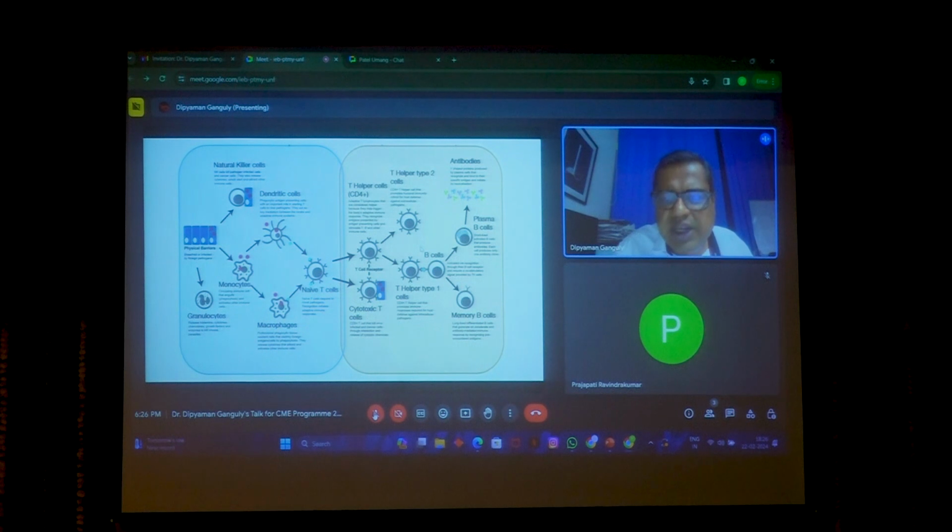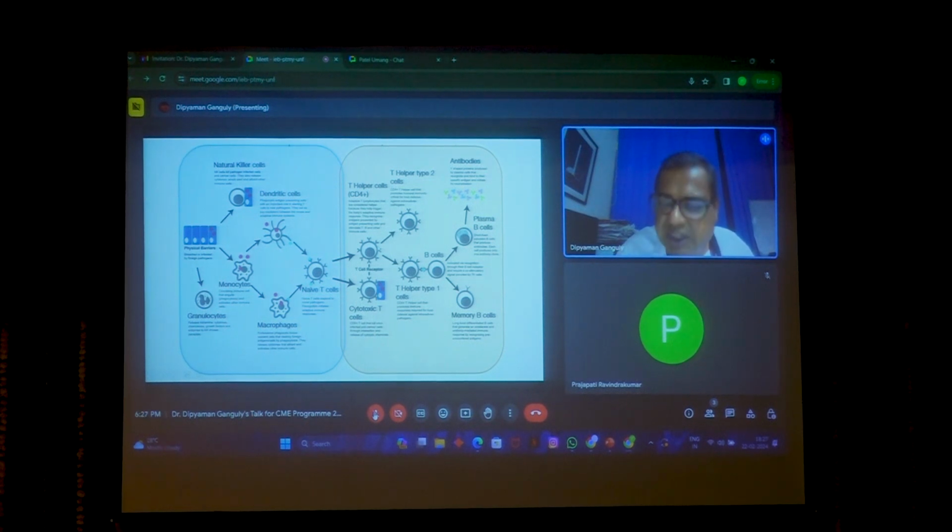So I'll mostly end here. You can now see these are the innate immune cells. Some of the cells I did not talk about because of the time. I talked about the most important one, the dendritic cell, which has innate immune function, and also bridges the innate and adaptive immune system by presenting antigen in the right context of co-stimulatory molecules and specific cytokines that will drive further activation of the adaptive immune cells.